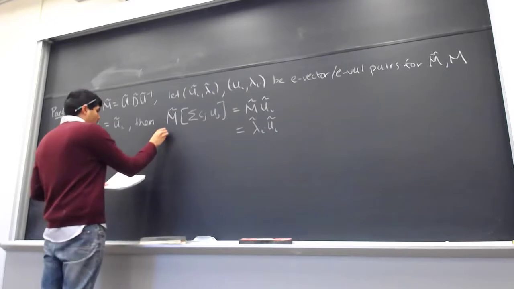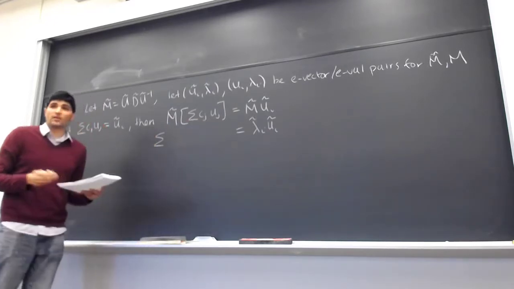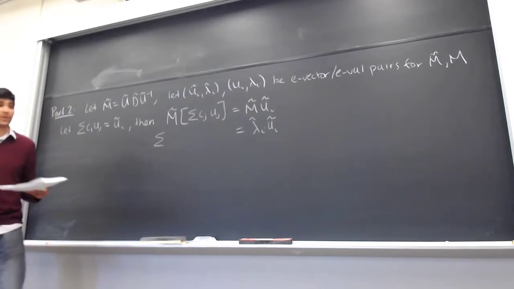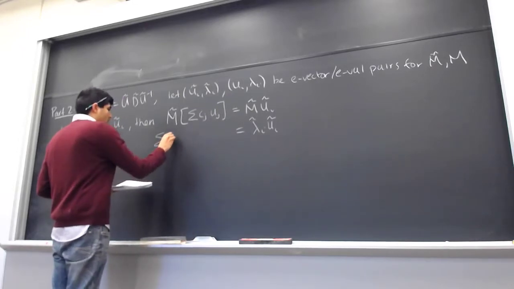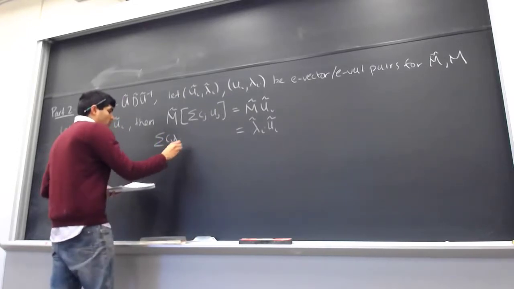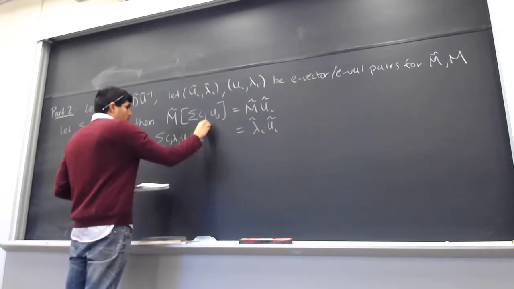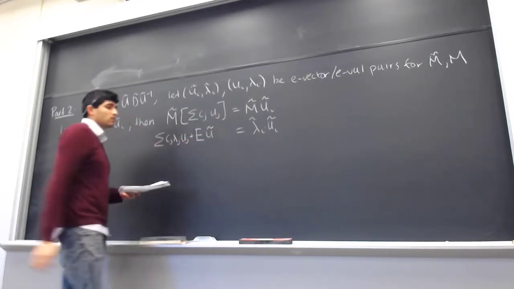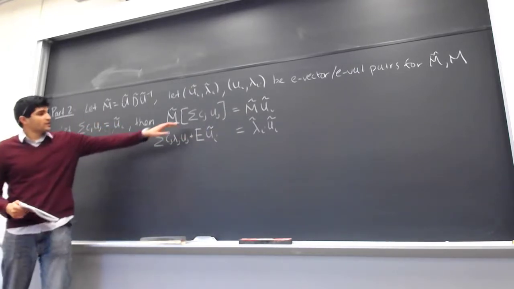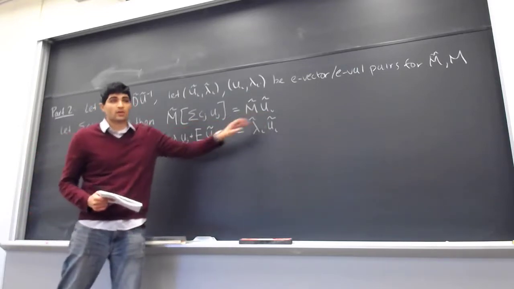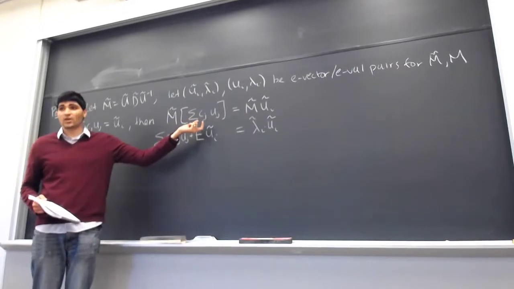But the important thing is that we can also write it out this way: we can break M tilde on the left up into M plus E. And the M part has really nice behavior with the UJs, so we just end up getting CJ lambda J UJ. But then we have an extra E term times U tilde I. All this is just this vector, and we break up M tilde into M plus E, and M has a really nice action on the UJs.